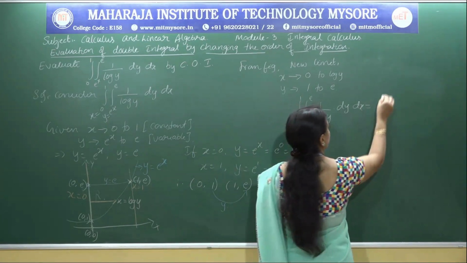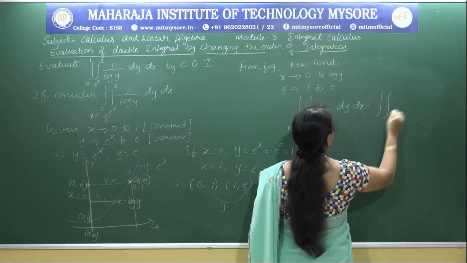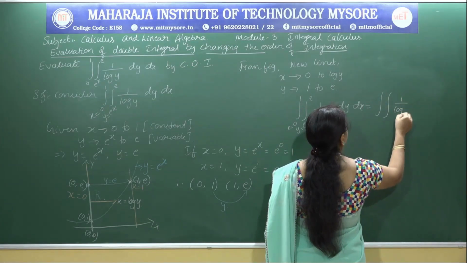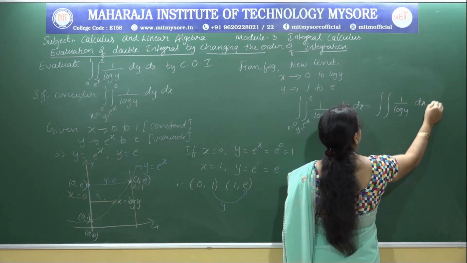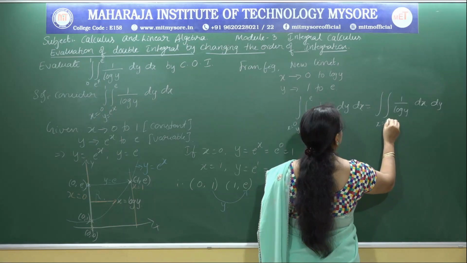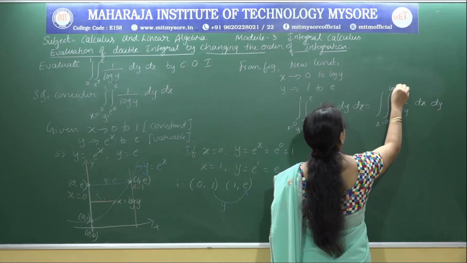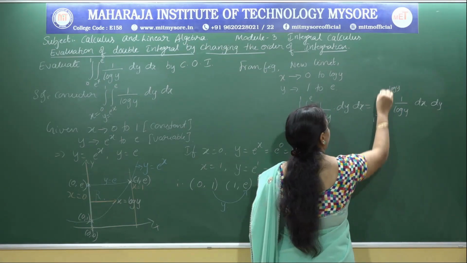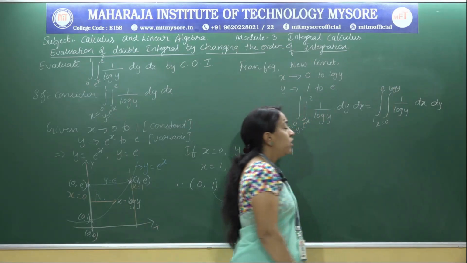This will change us to the double integral of 1 by log y dx dy, where x is a variable limit. X varies from 0 to log y and y varies from 1 to e.